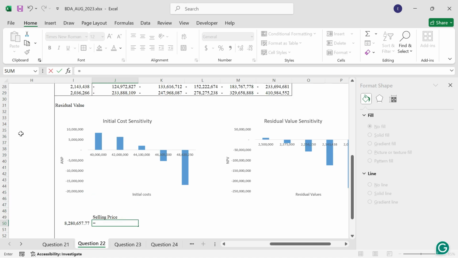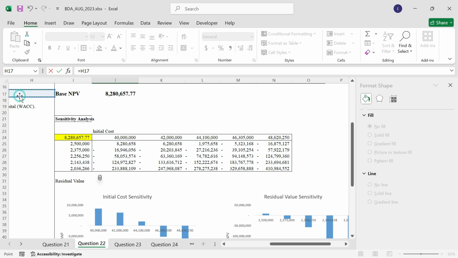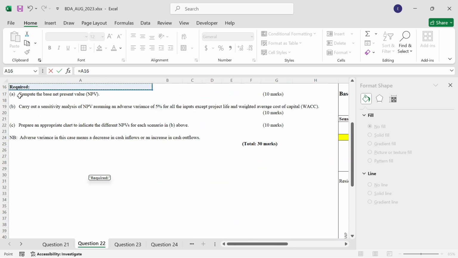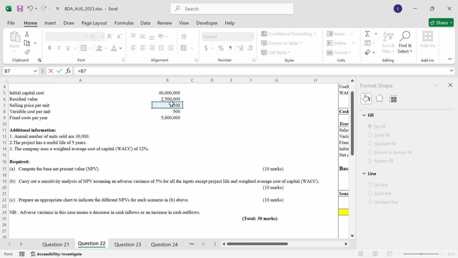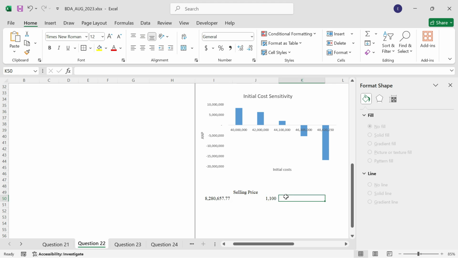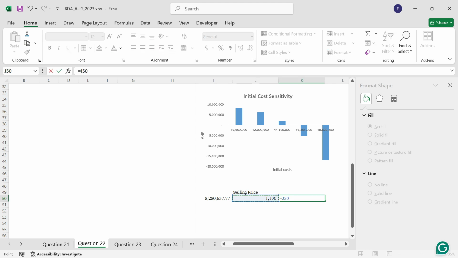I had a selling price of 1,100. To make this adverse, I will have to reduce this by 5%, multiplied by 1 minus 5%.